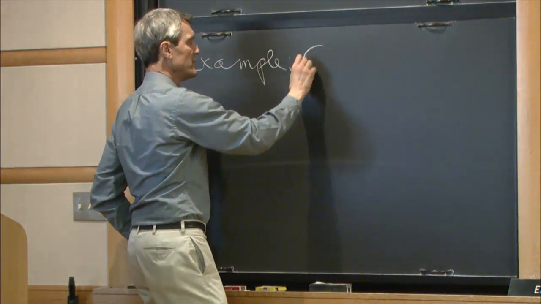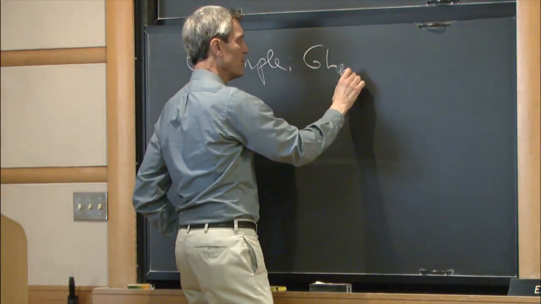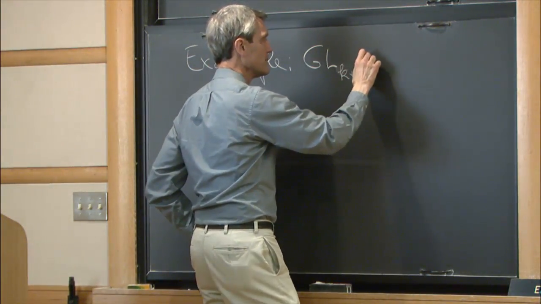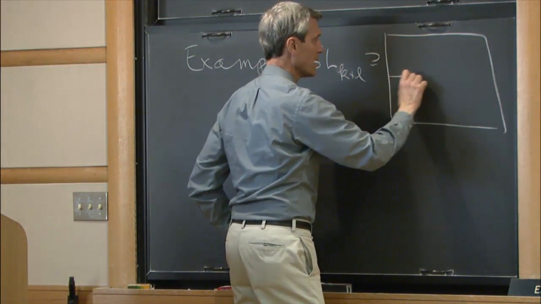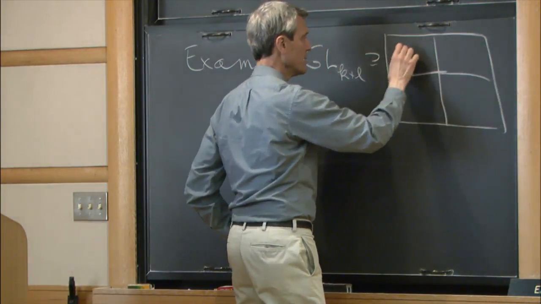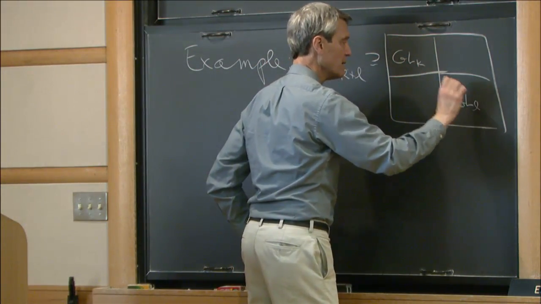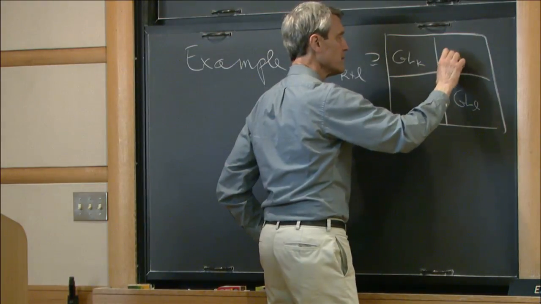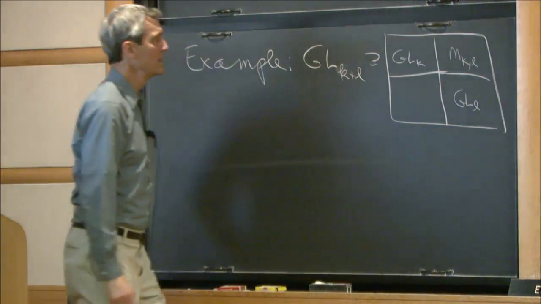You look at GL(k+l), and this contains a parabolic subgroup that looks like GL_k and GL_l, and the k by l matrices.